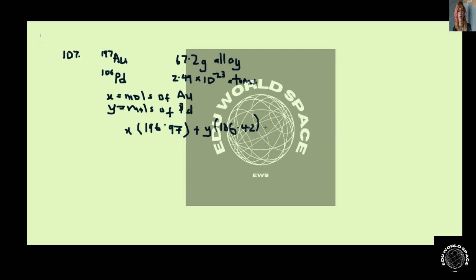And like I said, I'm going to ignore the units here until the final answer. So this is the total mass, and that has been given. This would give us the total mass, and that is 67.2, right? So obviously grams. So this is one expression that you can write given the information that's been provided.